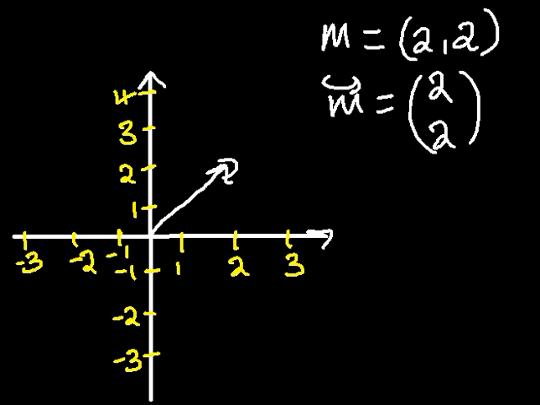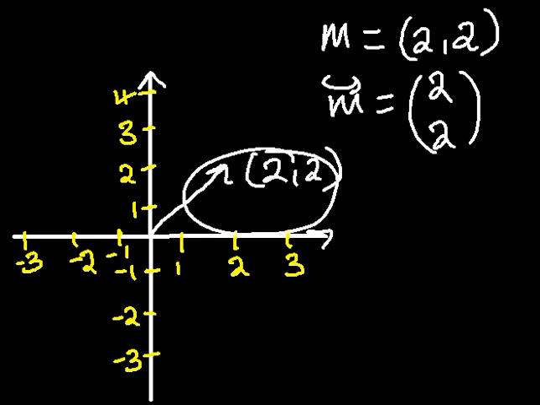The arrowhead shows that this is a vector, and this is the vector that is to be expressed as 2 down 2. So this is how we present a vector on a Cartesian plane.